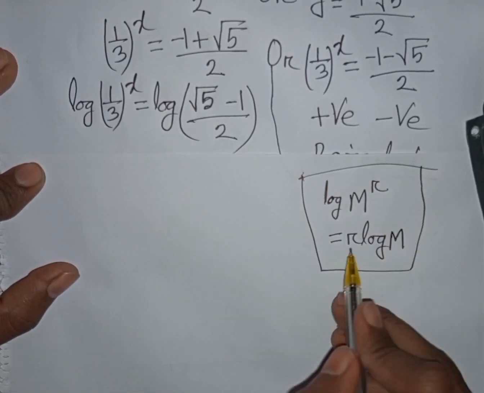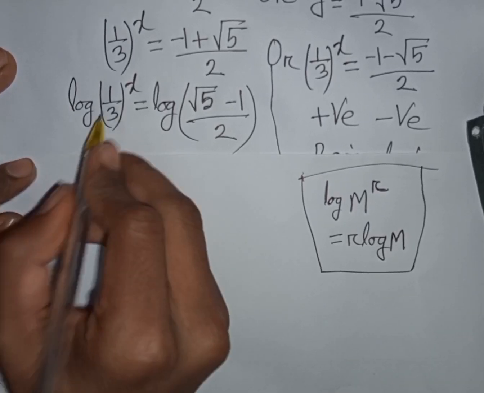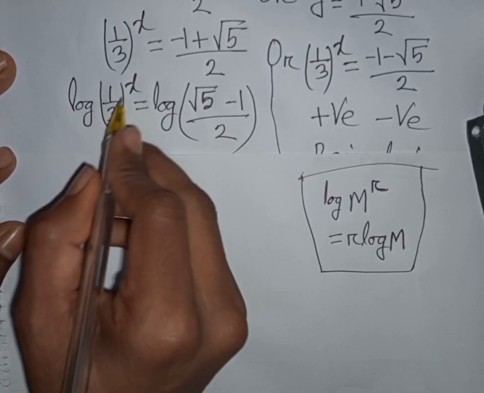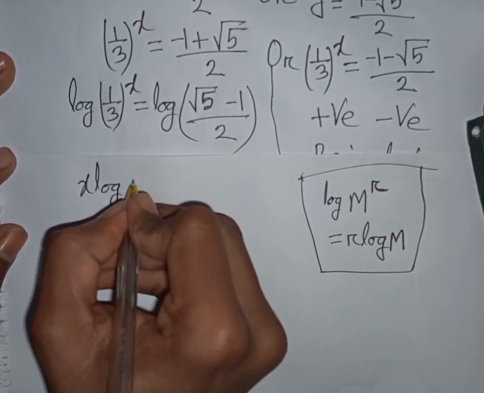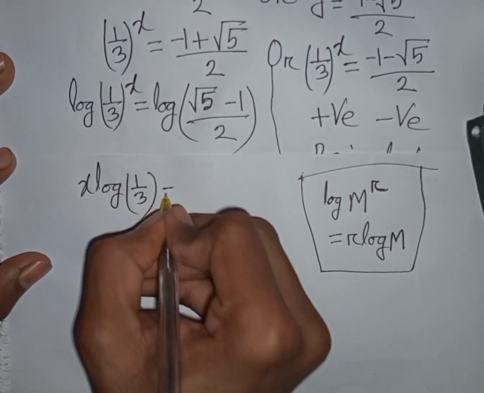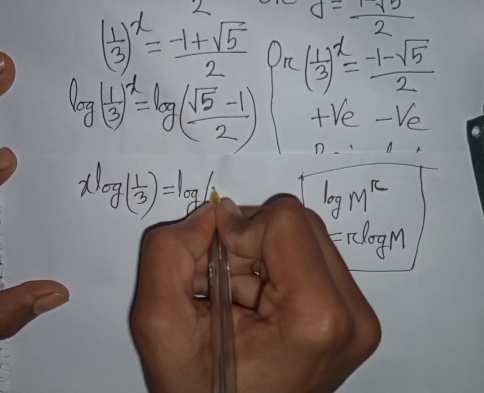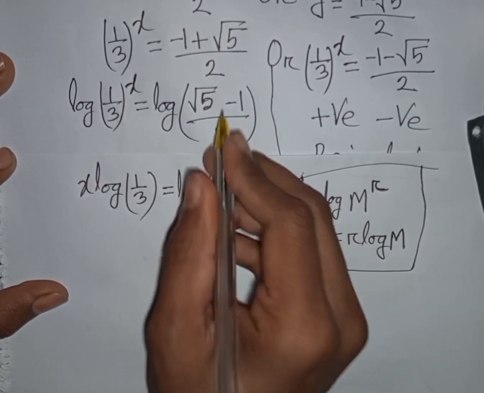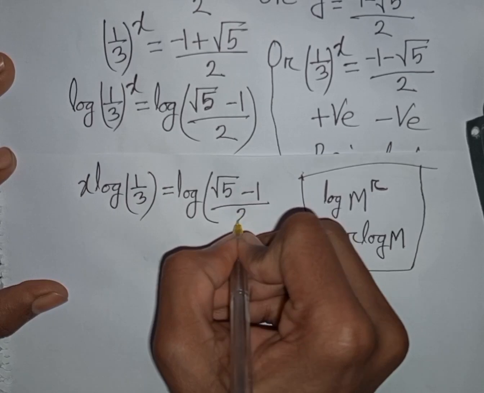That means this power r moves to the front. So this power x will move in front, and we can write x log 1 by 3 is equal to log of square root of 5 minus 1 divided by 2.